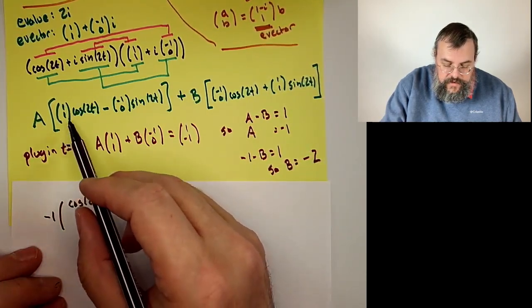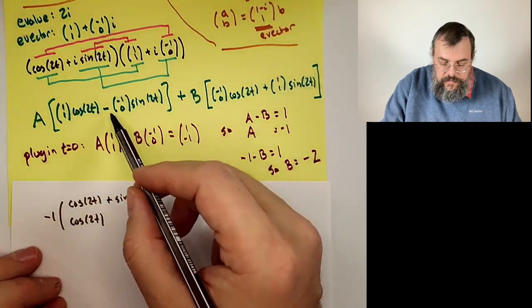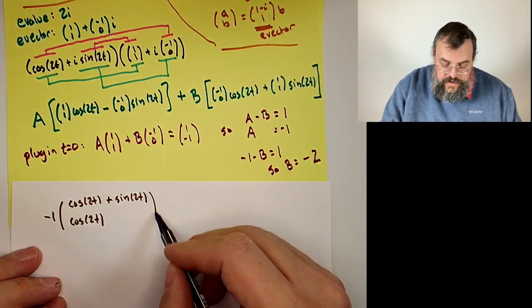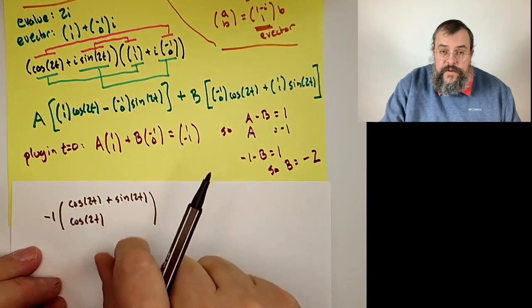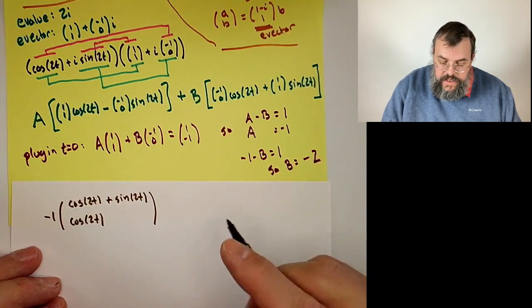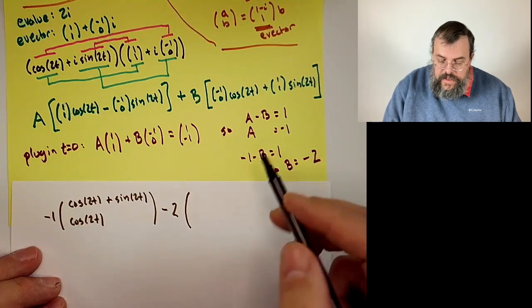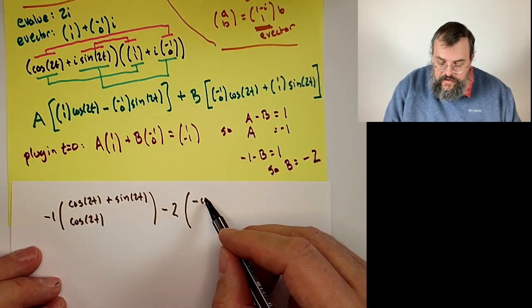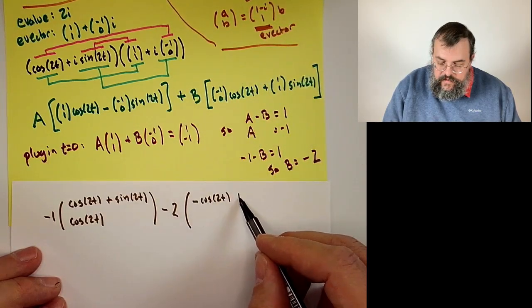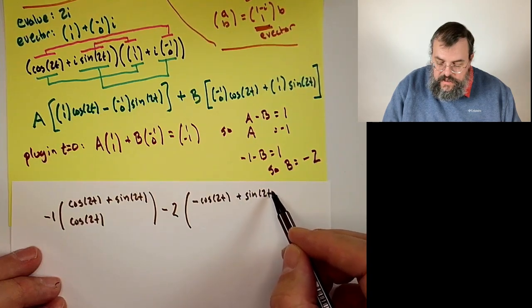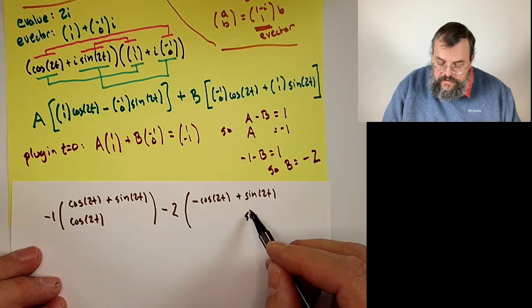And then downstairs 1 times cosine of 2t. And then minus 0 sine of 2t. Okay, so that's a. And then this one just collapsed into a vector. And then b makes minus 2, but we'll do the same thing. So it's minus cosine 2t, right? And then plus sine of 2t. And then we have 0 cosine 2t and sine of 2t.